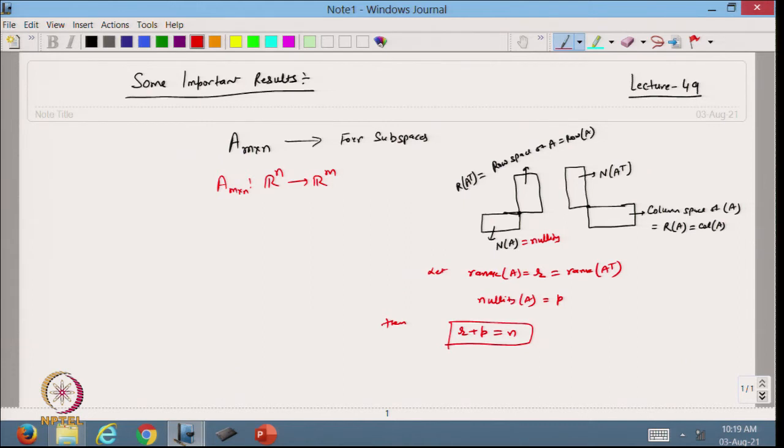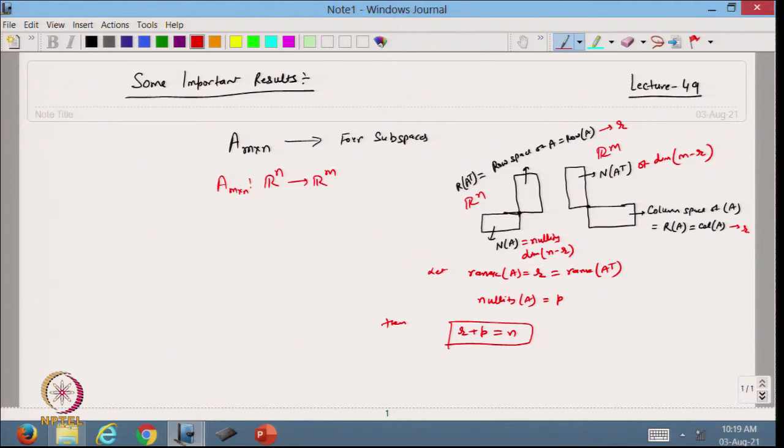If its rank is R, then this is of dimension m minus R, and the nullity will be of dimension n minus R, because this is R. So this is basically Rm and this is basically Rn. That thing we know from this transformation.